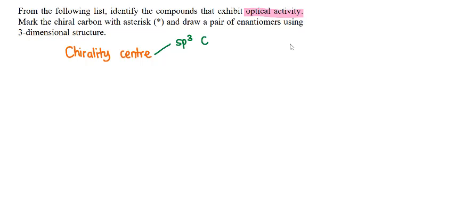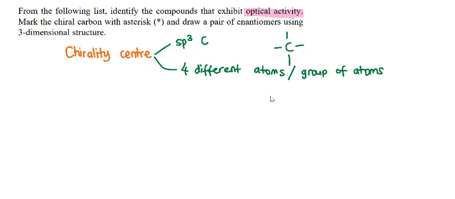That means that carbon has 4 single covalent bonds attached to it, so there is no double bond, there is no triple bond. The sp3 carbon must have 4 single bonds. Second, on that sp3 carbon, it must attach to 4 different atoms or groups of atoms.